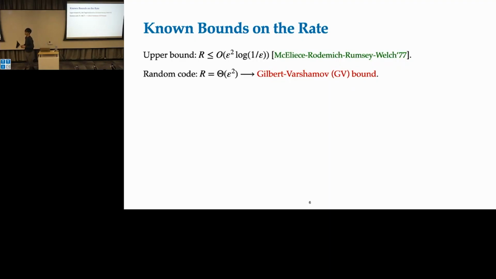Usually this is the form of the GV bound, but does the construction even have fixed constants in front of epsilon squared? I don't remember, but I think for random code, oh, you mean what constant is in front of epsilon squared? Yeah. Does the actual bound come with some very specific expression which gives a constant?